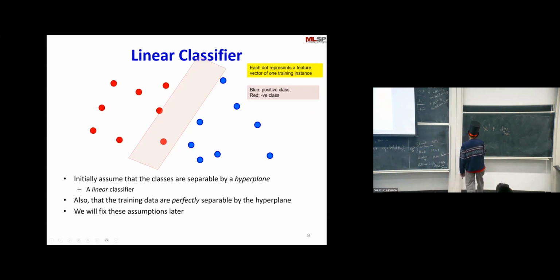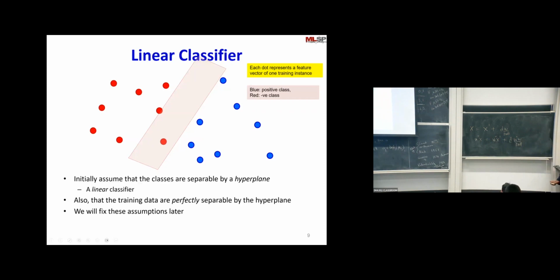So I can say this. Multiply both sides by W transpose. That's going to be W transpose x prime plus d times W transpose W over the norm of W. Can I simplify this?